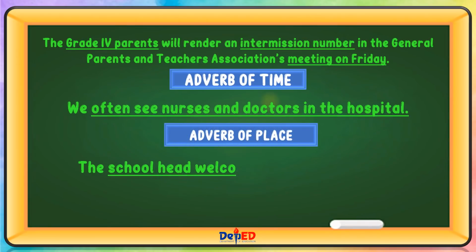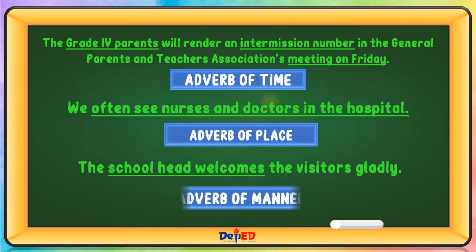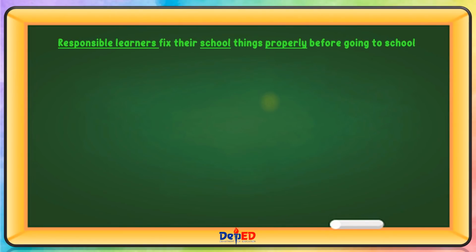The school head welcomes the visitors gladly. This is the adverb of manner. Responsible learners fix their school things properly before going to school. This is an adverb of manner.